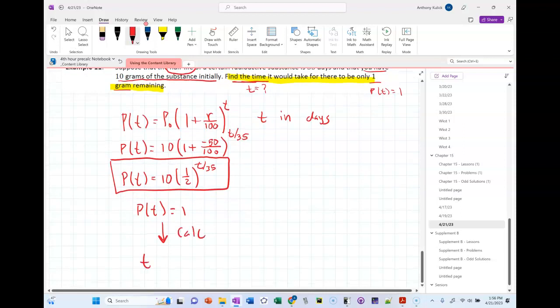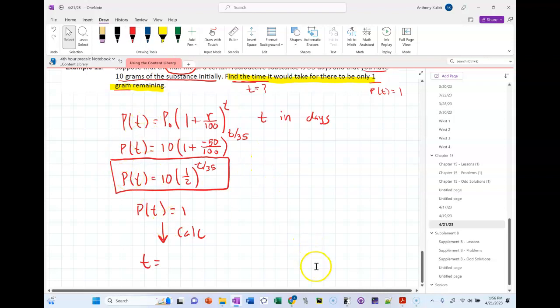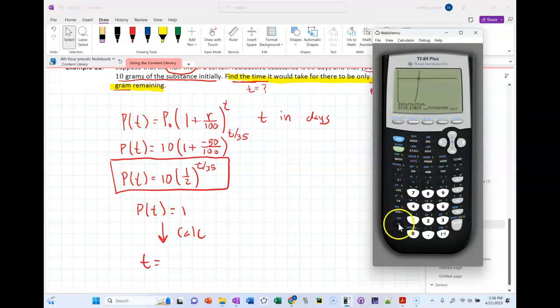Going to use my calculator. So I'm going to go ahead and type in my new model. And the amount that it has to equal is just 1. Now I'm going to set my window.